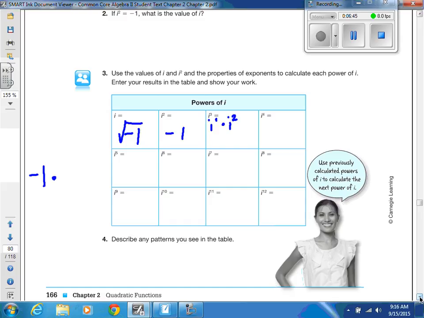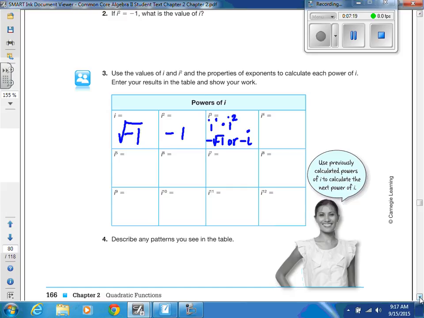And i to the first power is the square root of negative 1. So it's a negative square root of negative 1, or it's a negative i. What I wrote off to the side, you could probably fit in that box on your page. I don't have room for that.